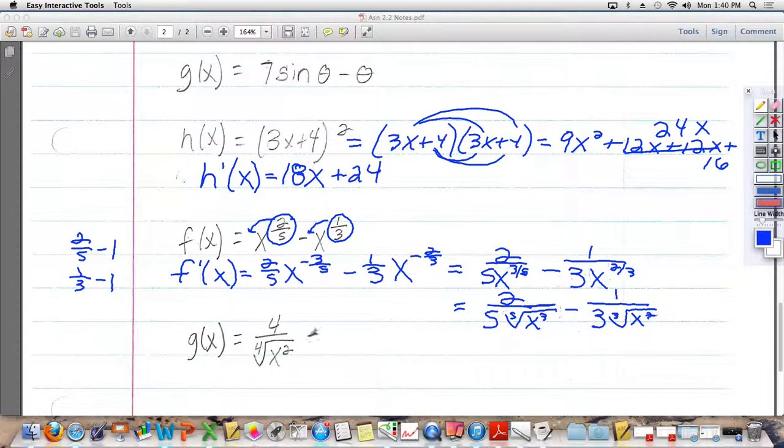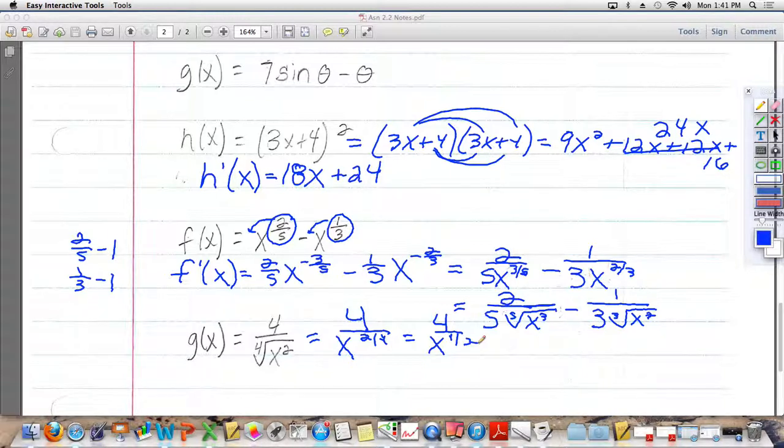g of x, let's clean this up. 4 over the fourth root of x squared. Well, that means 4 over x to the what exponent? 2/4. Very good. Well, what is 2/4? Okay. So this really is 4 over x to the 1/2 power.